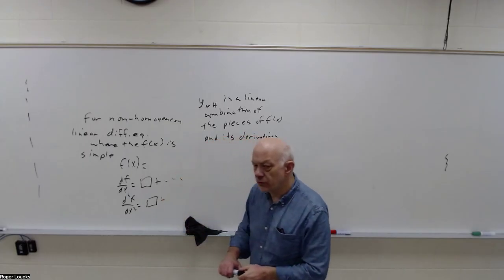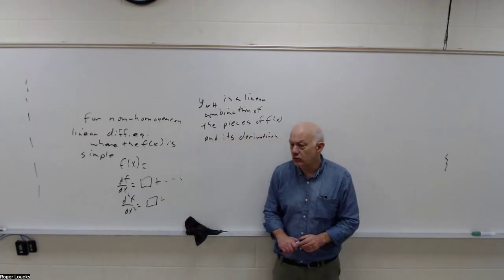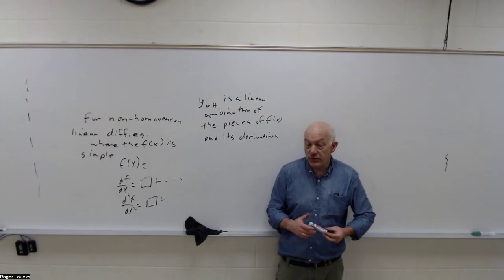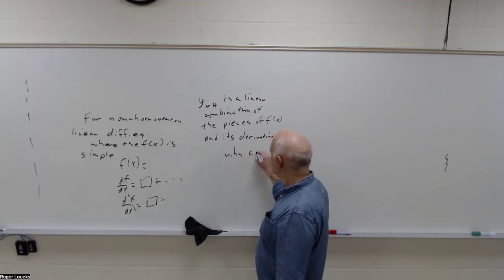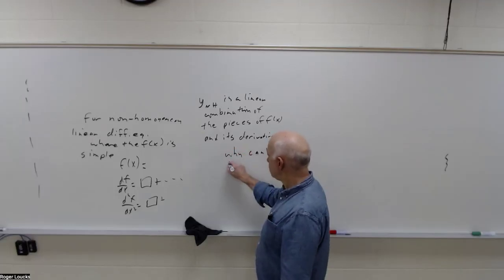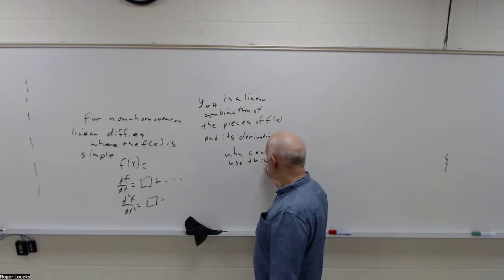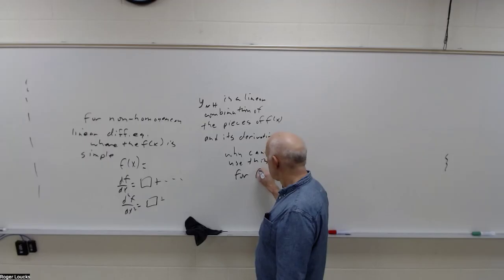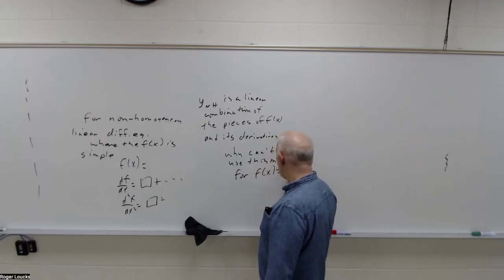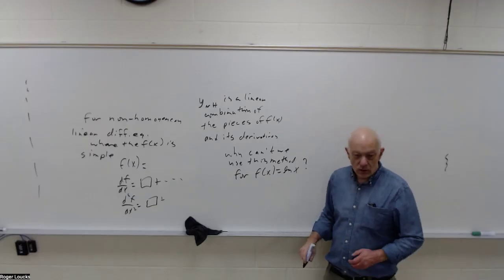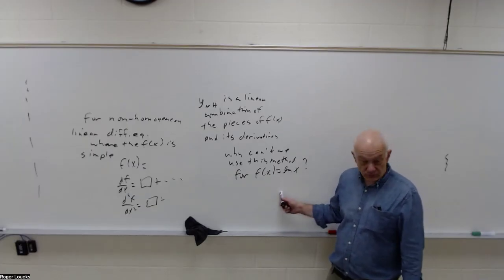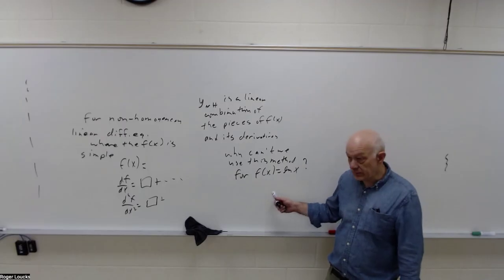So why doesn't this work for the ln of x? I mean, ln of x is an easy function. Why would this method fall apart badly for f of x equals a log of x? Because every time you take a derivative, you keep on getting new unique pieces.